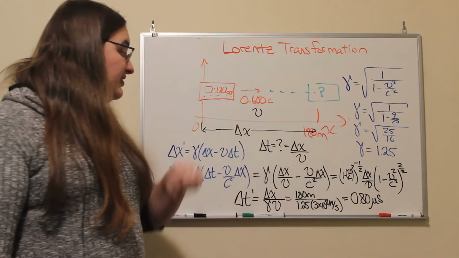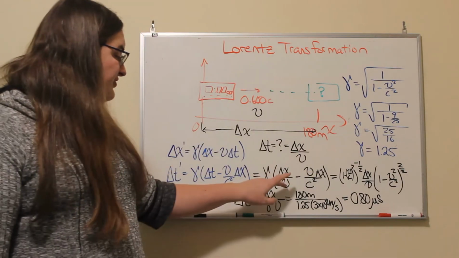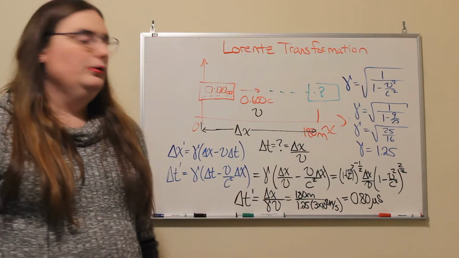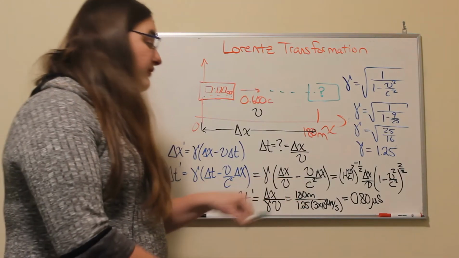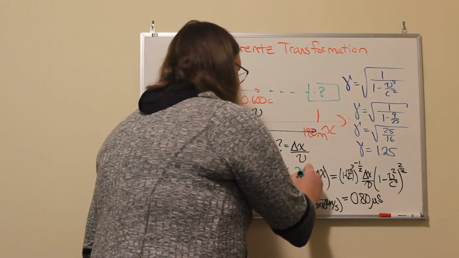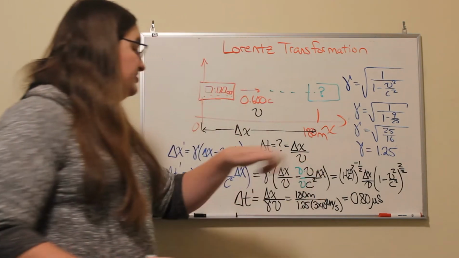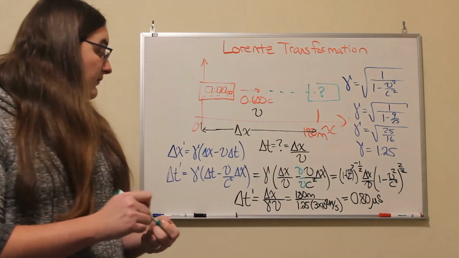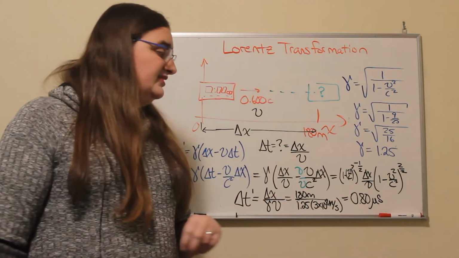I can factor out a delta x, and I can also factor out a 1 over v. To make it possible to factor out a 1 over v, I would have to multiply and divide the second term by v, so the v in the denominator goes outside.